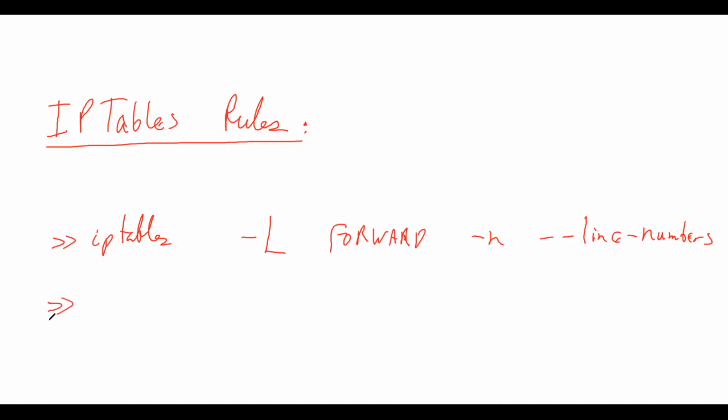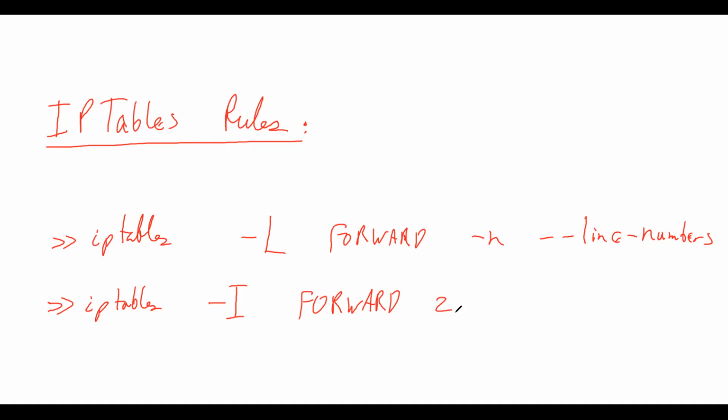Now, if you want to insert a rule and you know the place, let's say you want to put it in the second position, just right after the first rule in that chain, then you can type iptables -I FORWARD 2, which is the position.